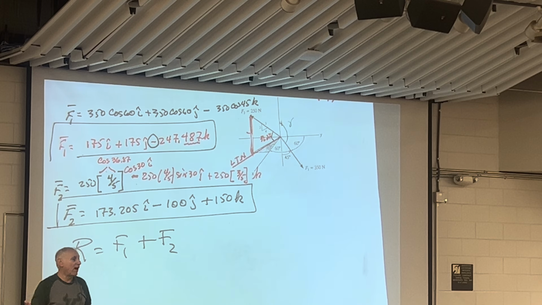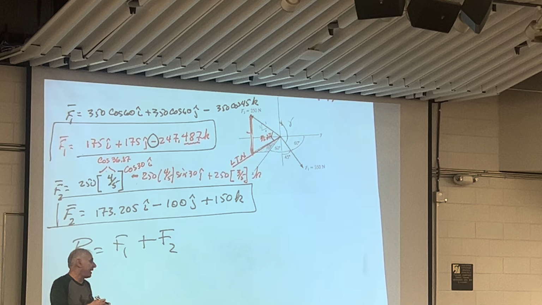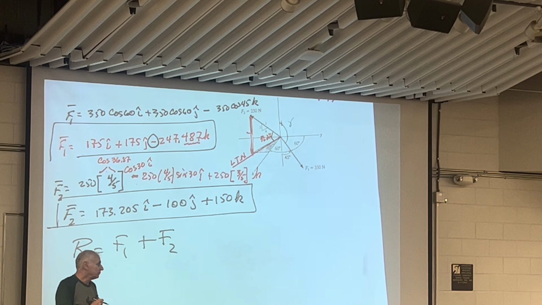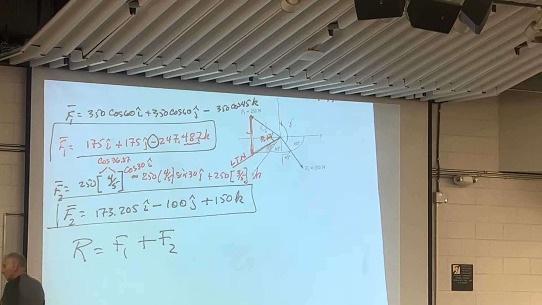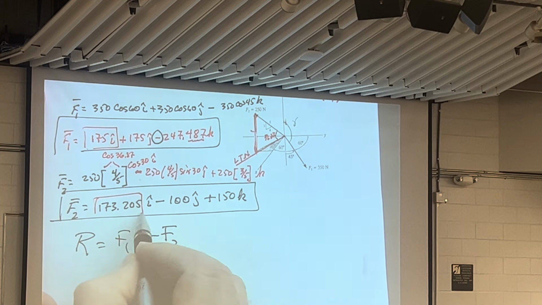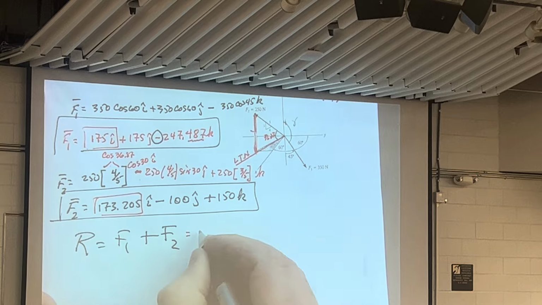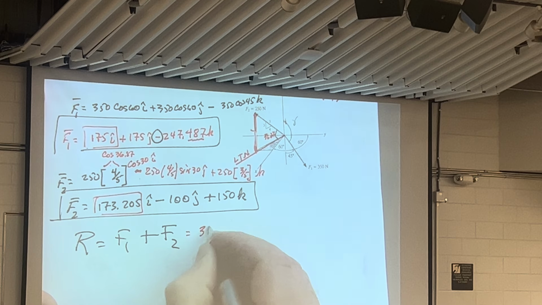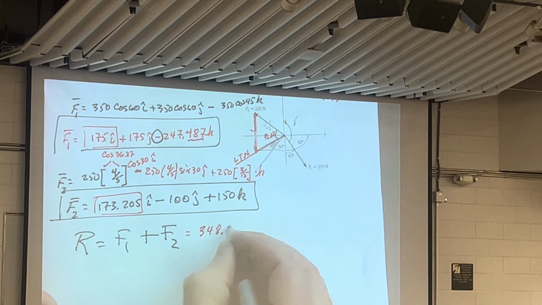Well, cosine of 135 gives you the negative automatically. Okay? So now all I have to do is add i's. That's going to be 348.205i.